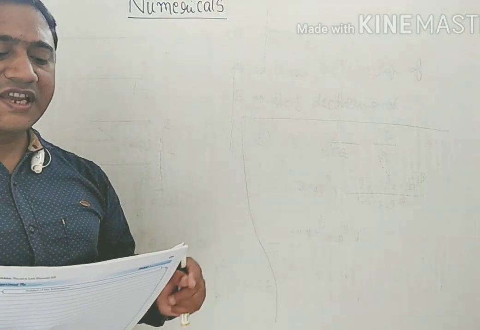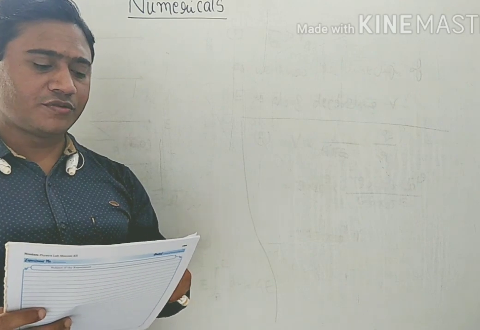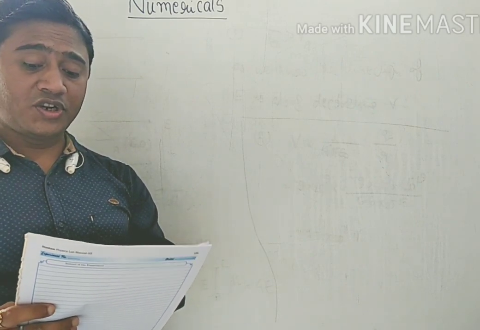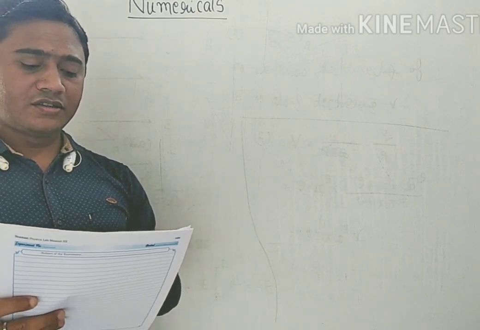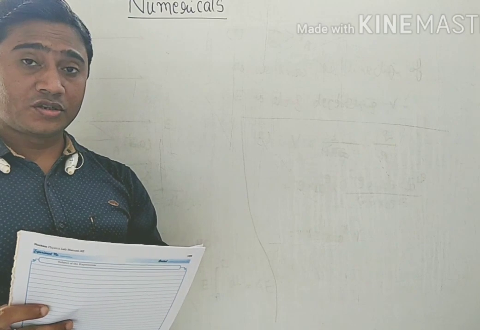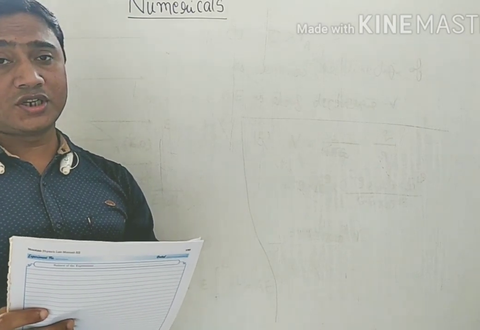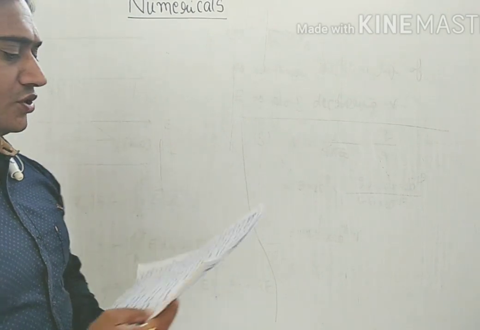The electric field at a point due to a point charge is 20 Newton per coulomb and the electric potential at that point is 10 Joule per coulomb. Calculate the distance of the point from the charge and the magnitude of the charge. You need to calculate distance as well as the magnitude of charge.